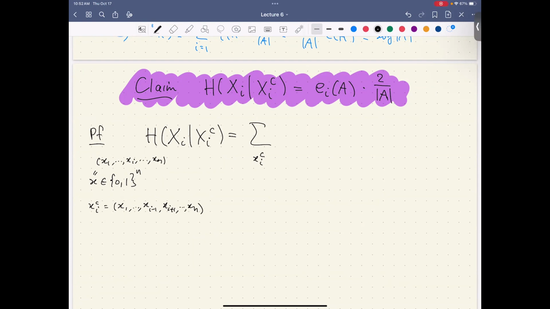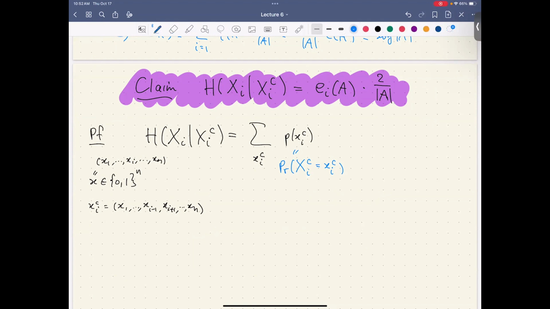So for every choice, every realization for xi^c, you look at the probability that capital Xi^c equals this, let me write P(Xi^c = xi^c). This is just shorthand for the probability that all the other coordinates take this value, okay?